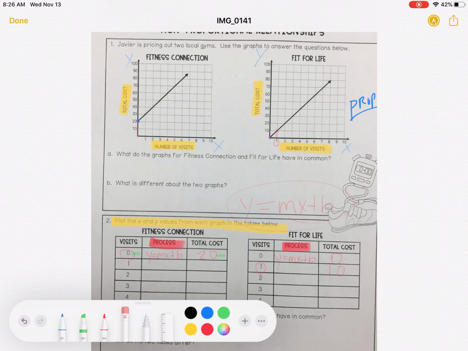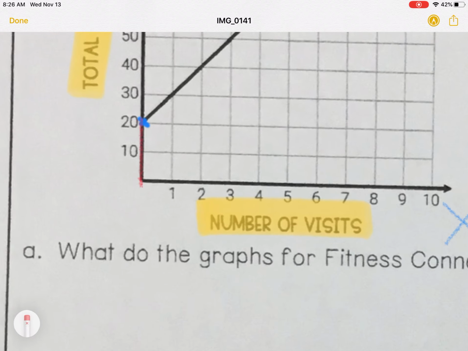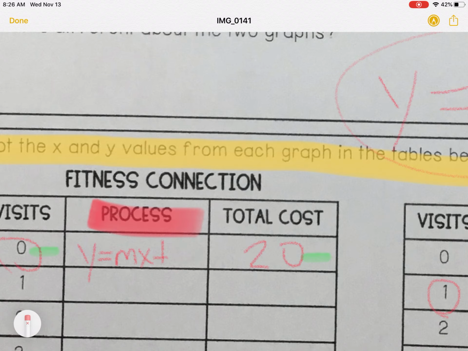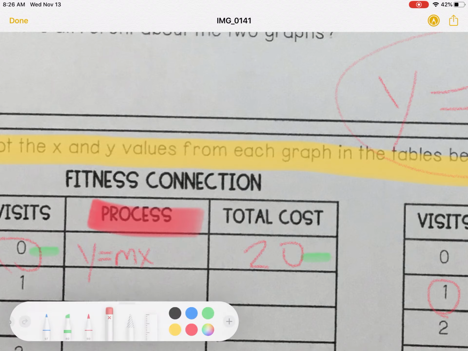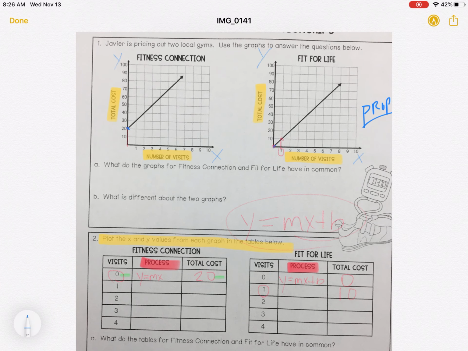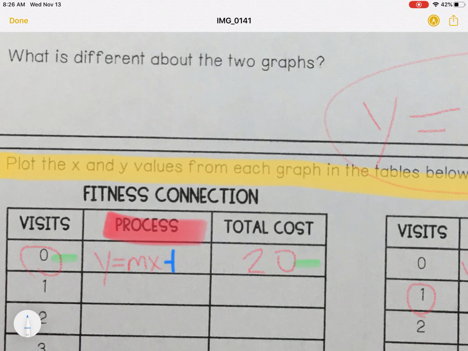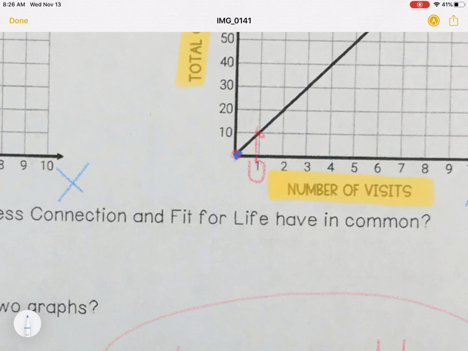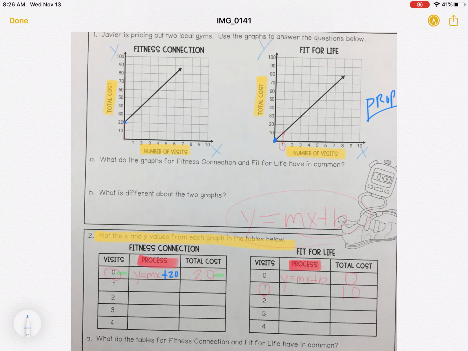Okay, that's pretty easy. Well, my y-intercept, 20. Okay, I'll come over here, erase my plus b. What was my y-intercept? Well, it was a positive 20, so I will put a plus 20. Okay, over here, my y-intercept, well, it intercepts right there at the 0.